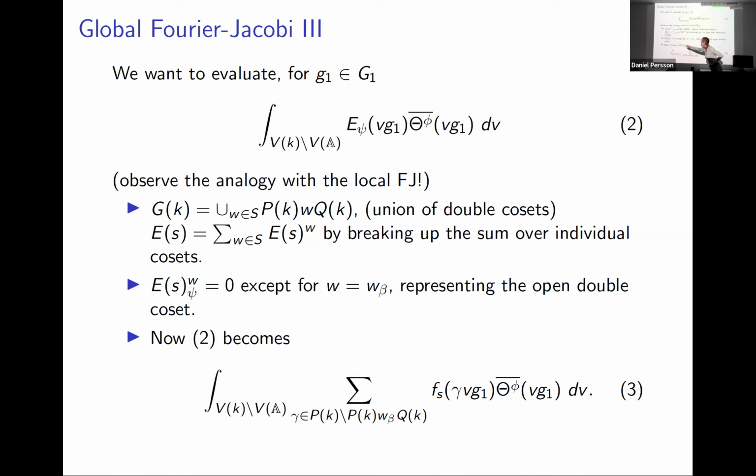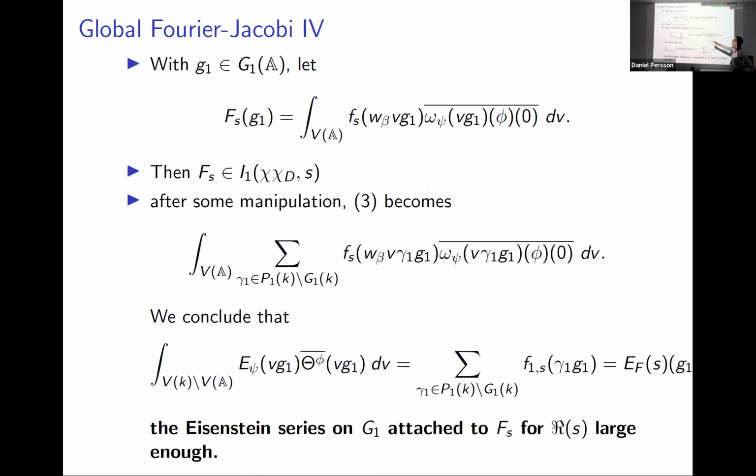And when you calculate the Fourier coefficient, only the big one, the open cell, contributes. The same thing happens in the local case, so it simplifies the calculation immensely. And then when you expand it further, first of all, we also define this expression to be a function of G1. You directly check it belongs to this smaller global principal series. And when you unfold this result further, you actually have the following.